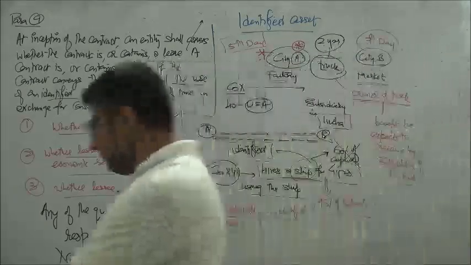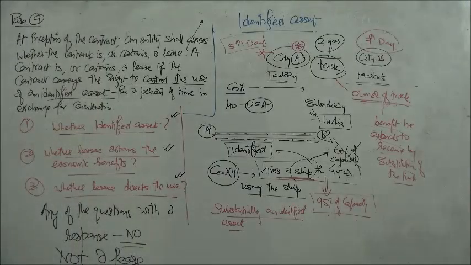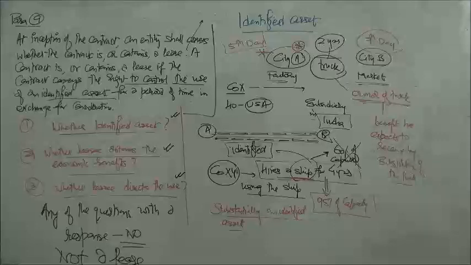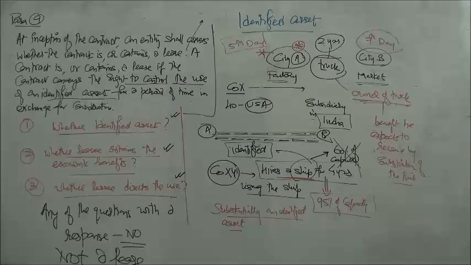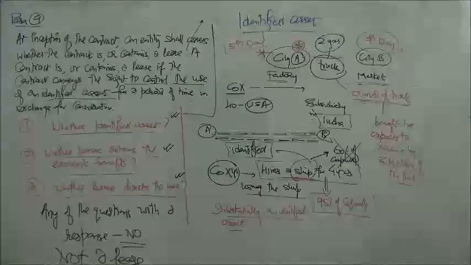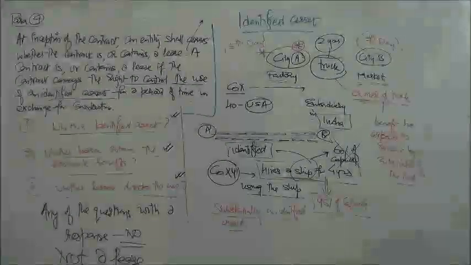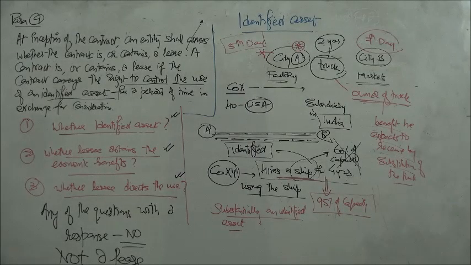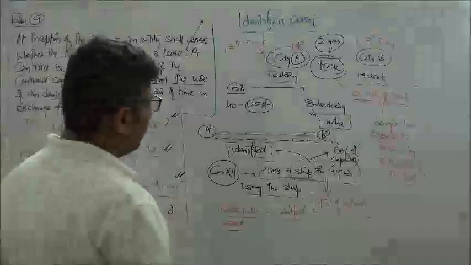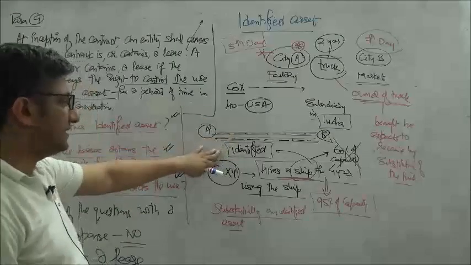Okay. Now, there could be an argument where we say whether the supplier, the owner has a right to substitution, and he sees those benefits. Then of course, if those rights exist, the owner, the lessor can very well replace those assets, which means that it's not an identified asset per se.